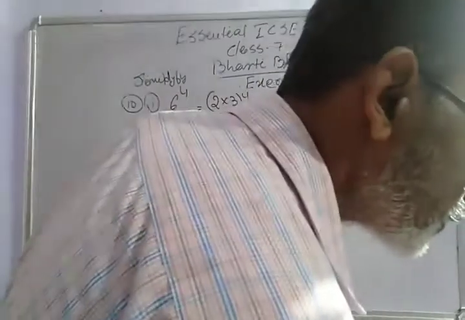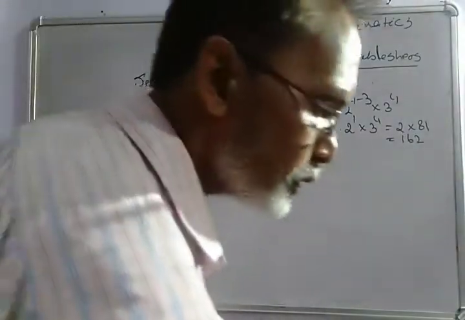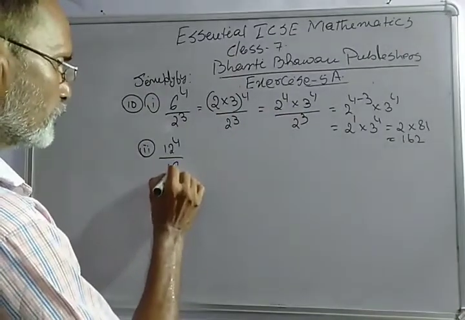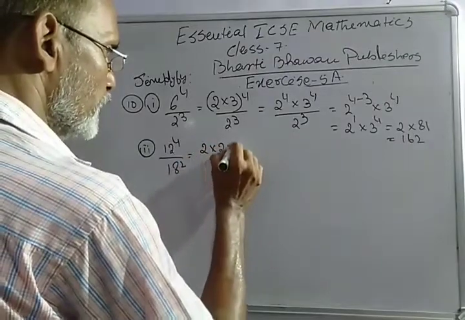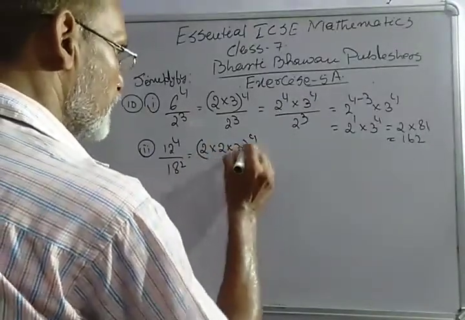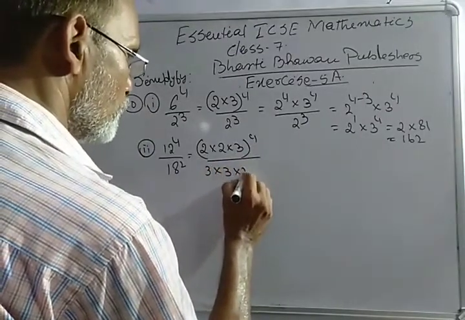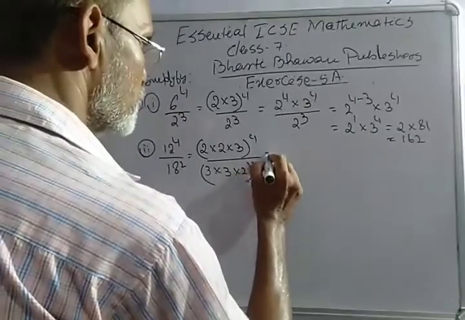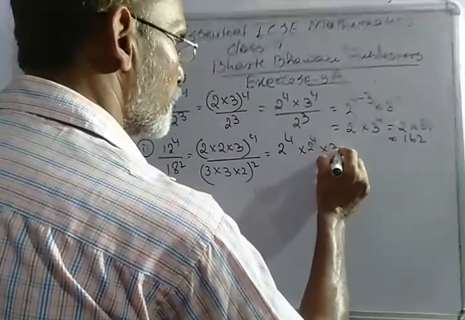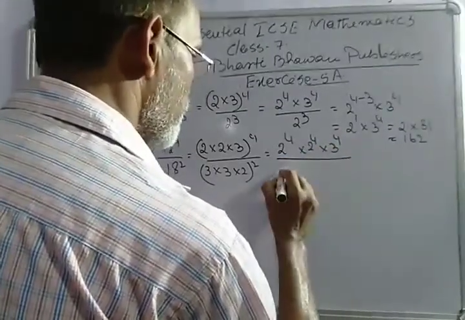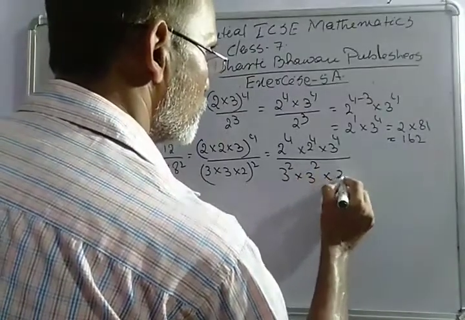Bit 2: 12^4 by 18^2. So this is equal to (2 × 2 × 3)^4 by (3 × 3 × 2)^2. So this is equal to 2^4 × 2^4 × 3^4 by 3^2 × 3^2 × 2^2.